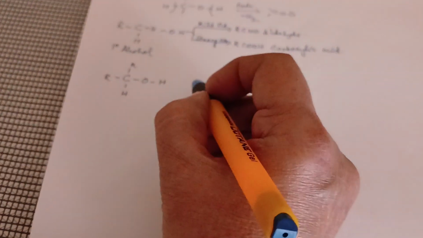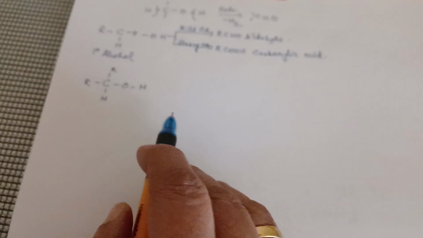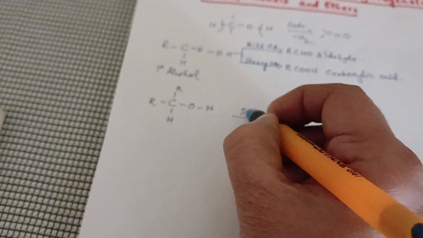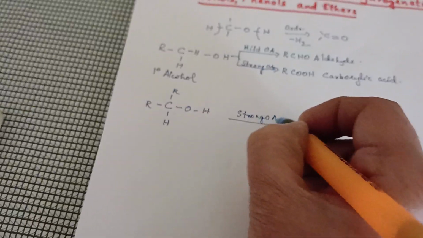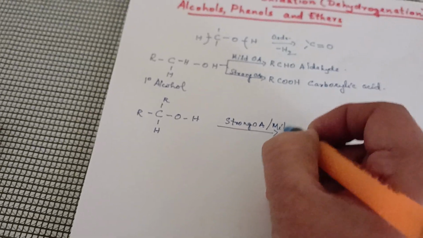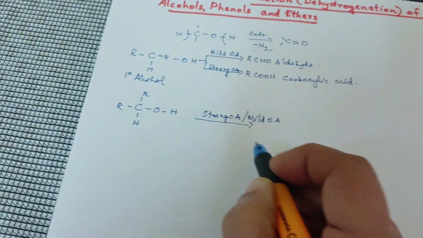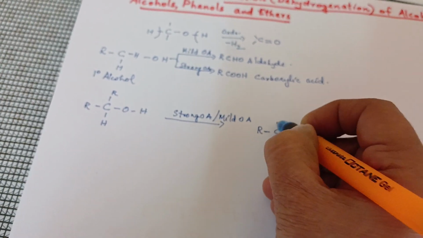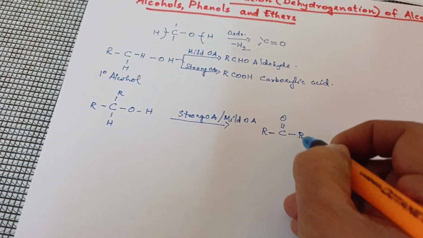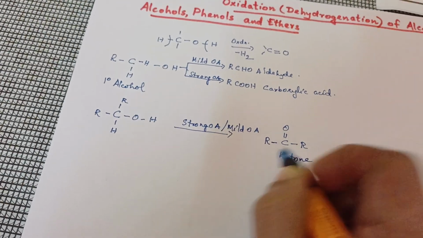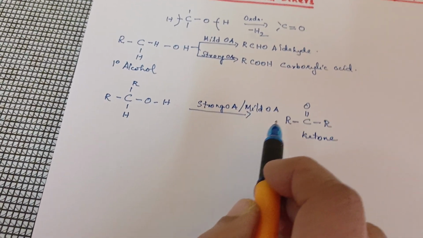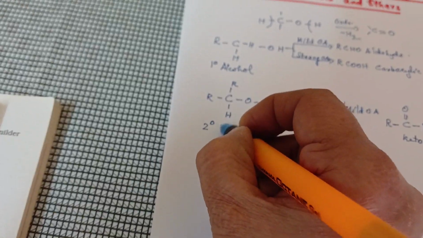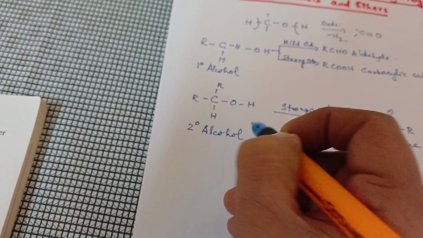When you are using a strong or mild oxidizing agent, you will be getting a ketone as the product, R, C double bond O, R. That is for a 2 degree alcohol or a secondary alcohol.